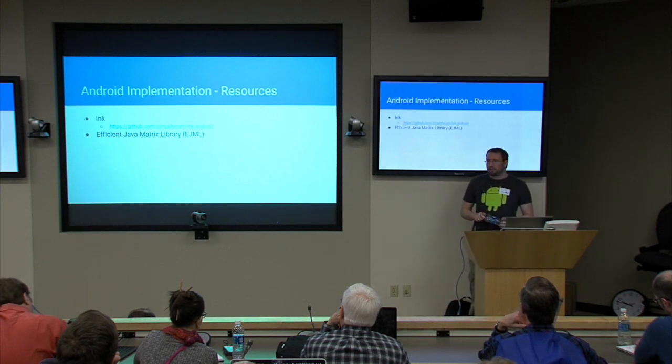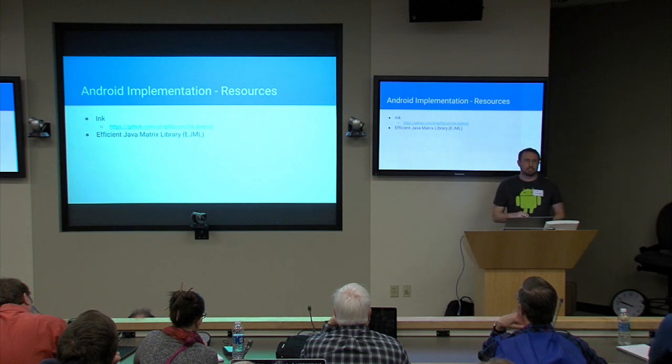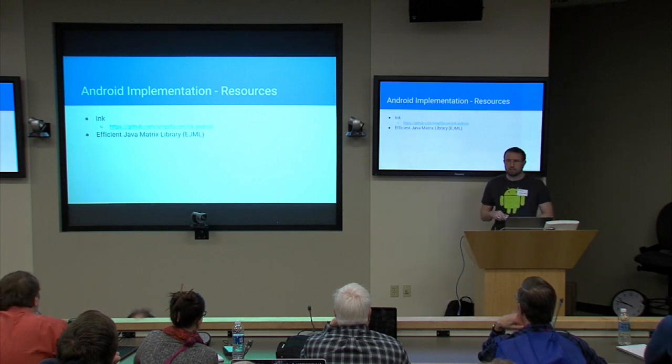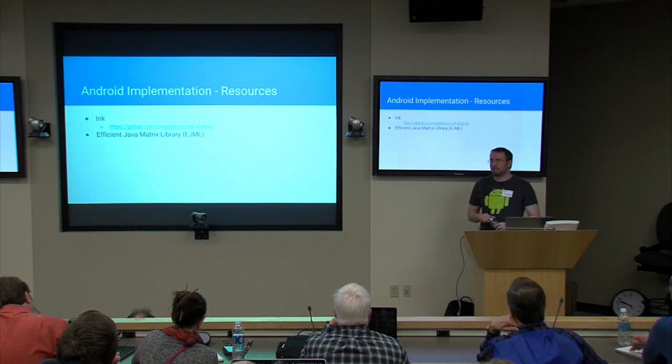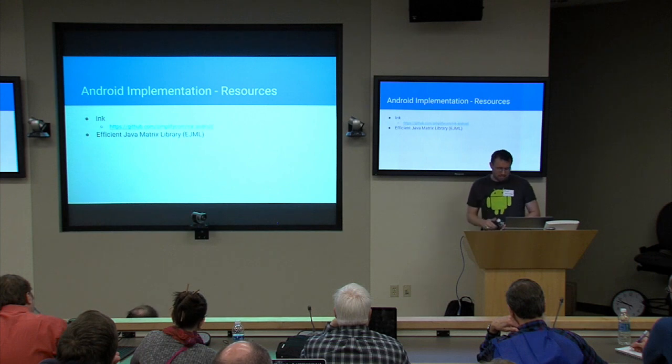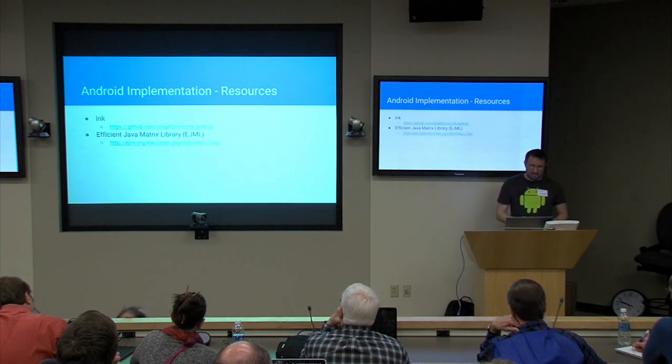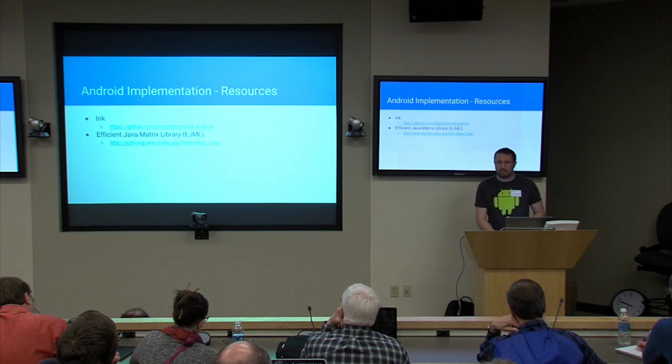So you might ask, why don't we just use a bunch of for loops versus matrix multiplication? The bottom line is matrix multiplication is a lot faster if you're using it correctly. And by using an open source library, you can assume it's probably using the faster implementations. So there's a link to that. It's quite a good library. There's a lot in it. Obviously not designed for Android, but it works.